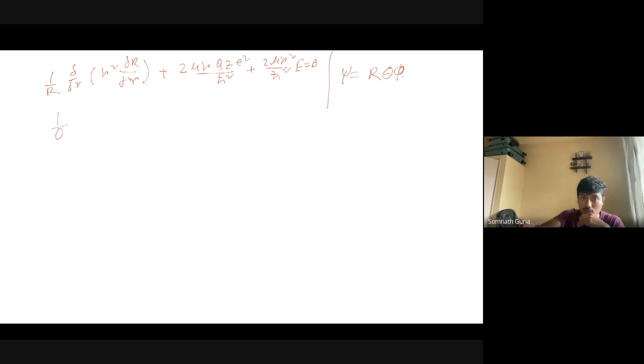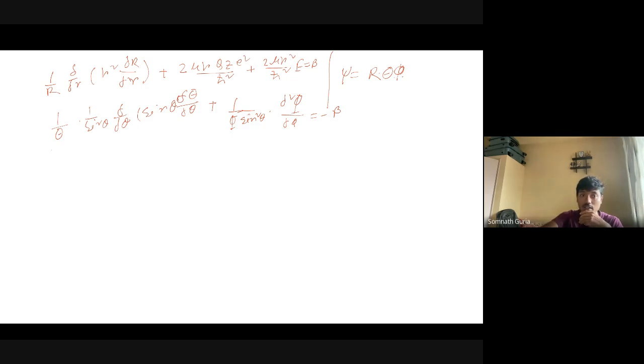1 by theta into 1 by sine theta, del by del theta of sine theta into del capital theta by del theta, plus 1 by phi into sine square theta, del 2 capital phi by del phi, equals minus beta.